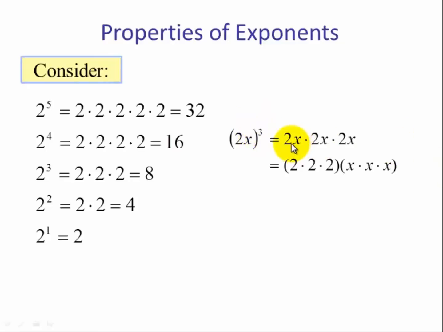Now multiplying 2 times 2 times 2, and we have x times x times x. X times x times x would be x to the 3rd, because we have an exponent of 1, 1, and 1, and we add those powers and we get x to the 3rd. 2 times 2 times 2 is 2 to the 3rd, which is 8. So the answer is 8x cubed.